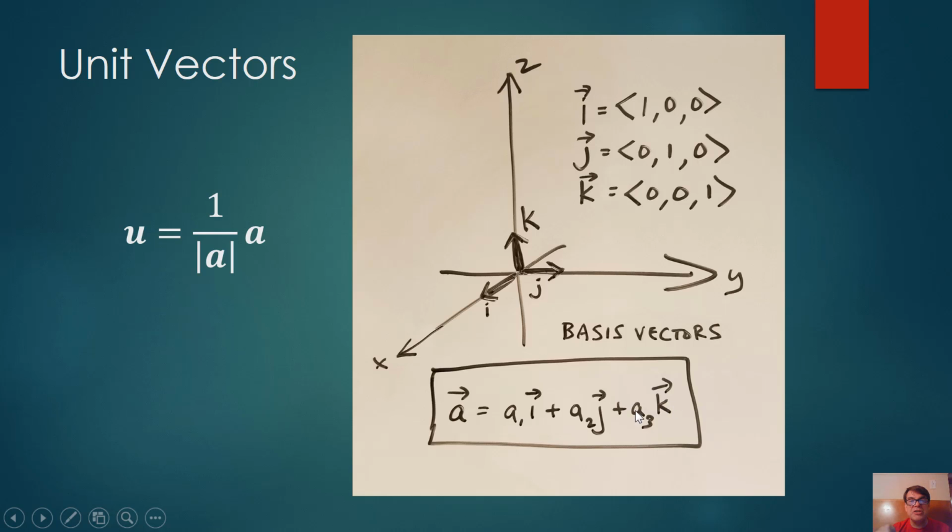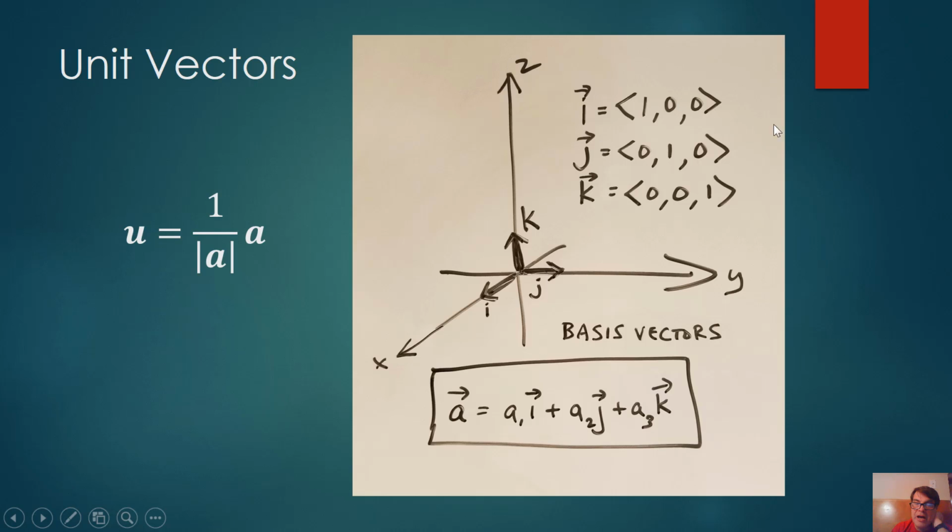So this ijk basically is a way of saying it's going this way. So this is the quantity going this way, and this is the quantity going that way, and this is the quantity going that way. So this is the quantity going x, this is the quantity going y, and this is the quantity going z, and so forth.